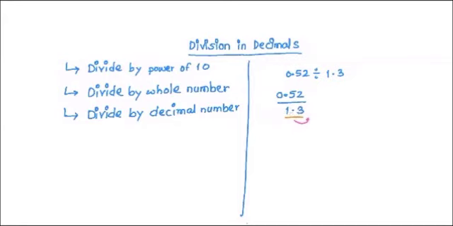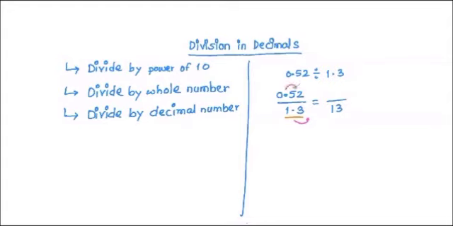But we know the rule of fractions. If we perform any operation on our denominator, we need to perform the same operation on the numerator as well to ensure that the value of this fraction does not change. So we will also move the decimal point in the numerator by 1 place to the right.